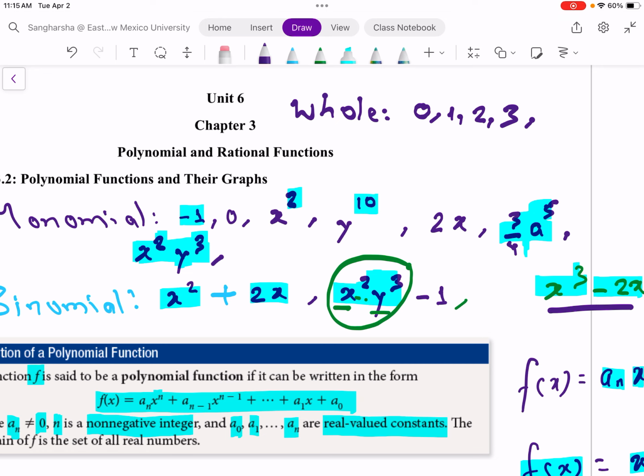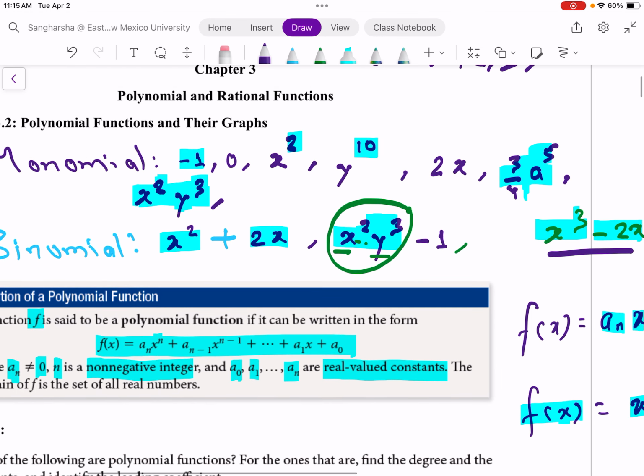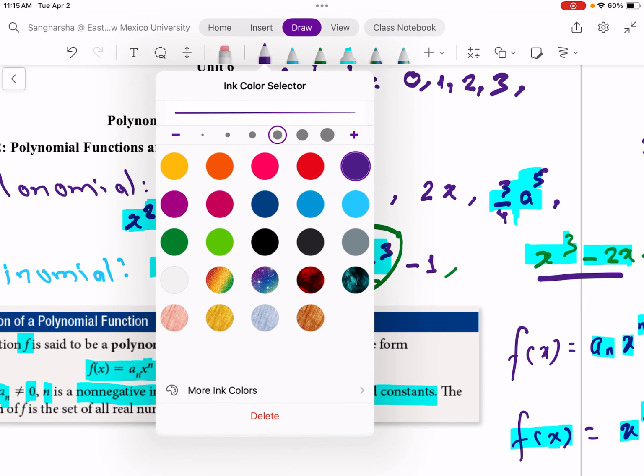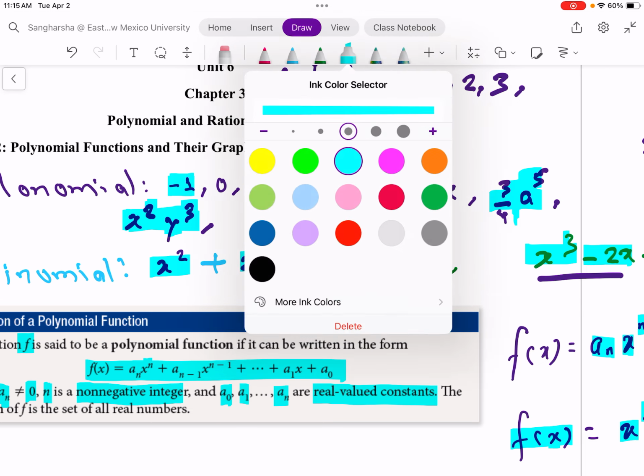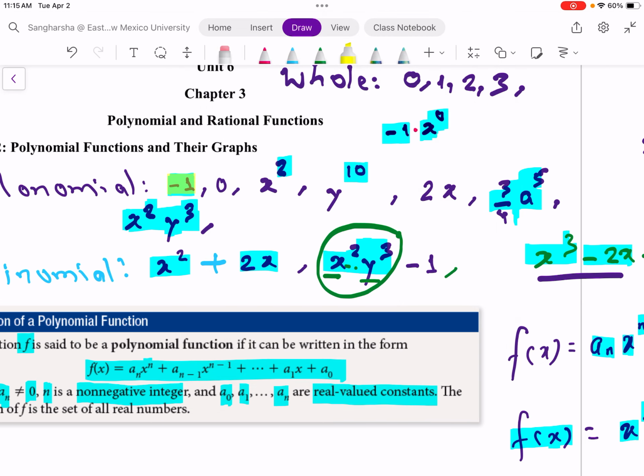We can always rewrite any real number as that real number times any variable to the power 0, because x to the power 0 is always 1. So what will be our degree for -1? The degree for -1 is 0. What is the degree of 0? 0. If you have a constant number, the degree is always 0.